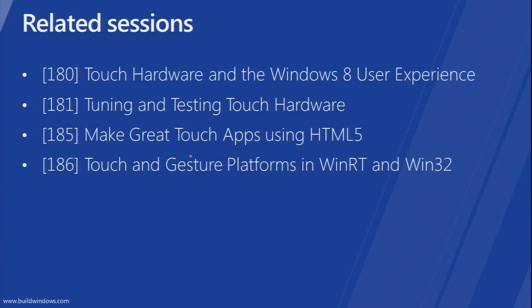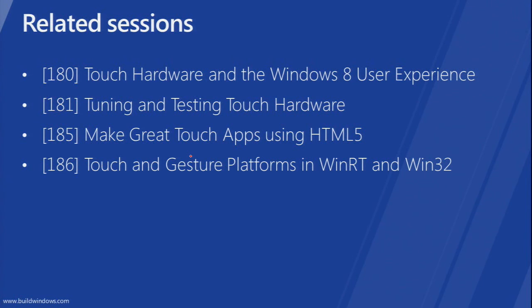There are a number of Build talks related to touch hardware and APIs for applications that want to consume touch data. So there's a touch hardware and Windows user experience talk that talks a lot about the details and all the reasons why we're putting in so many rules for Windows 8.